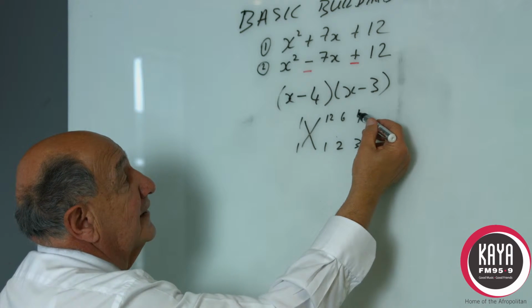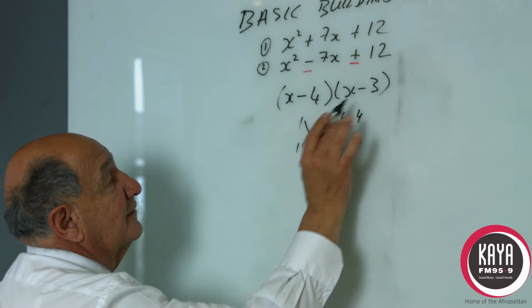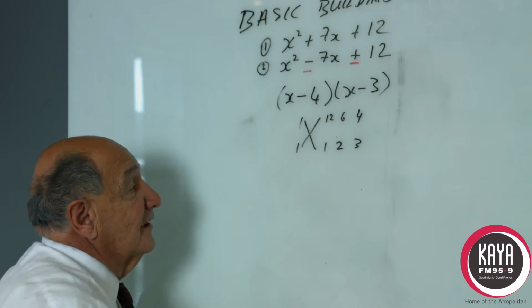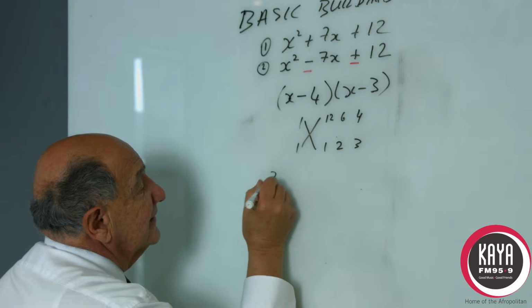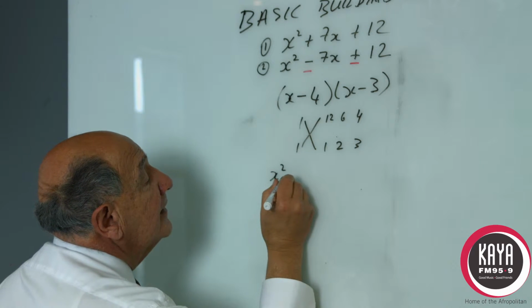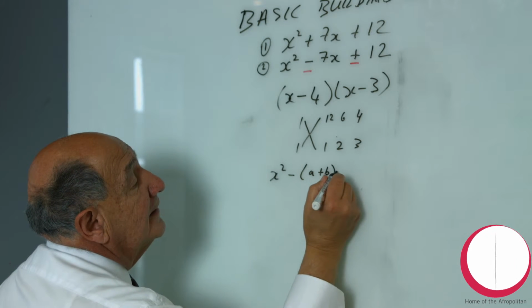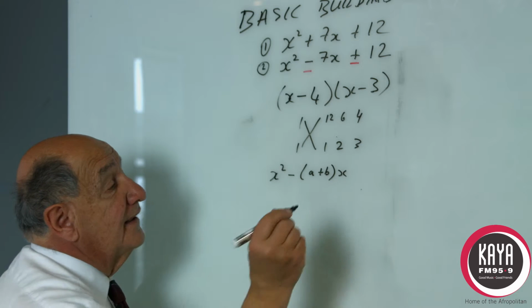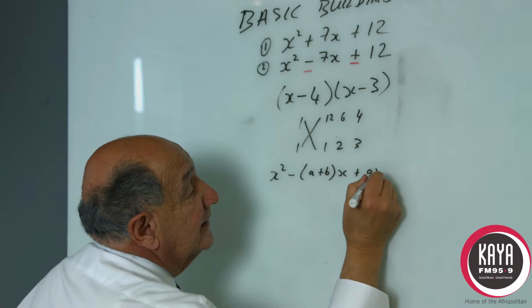So we need to add two minuses. And as we've got here, minus 4 and minus 3. So our general solution to this factorization is x squared minus (a plus b) times x plus a times b.